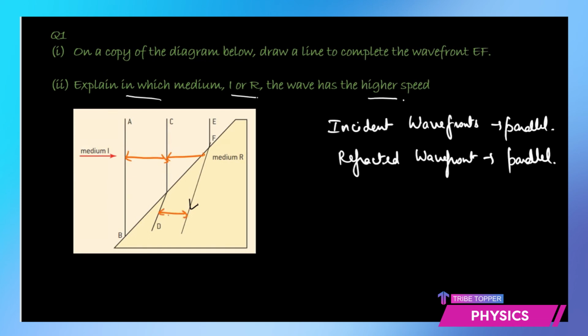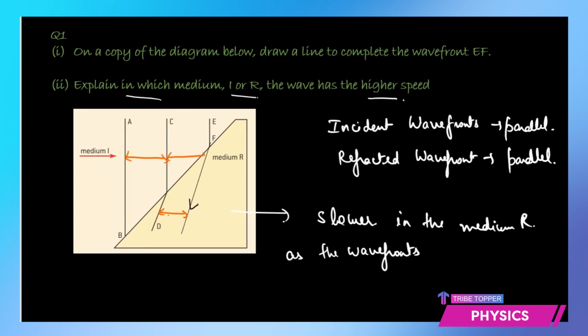That means the wavefronts move closer to each other, so they are traveling slowly in medium R. The reason you can give is that the wavefronts have shifted closer together, which indicates that the wave has slowed down in medium R.